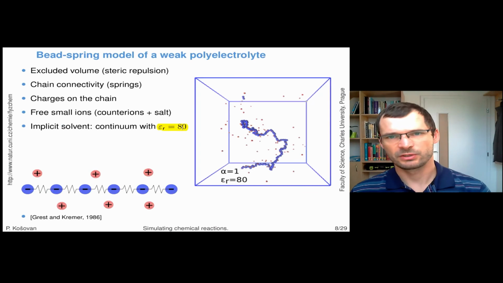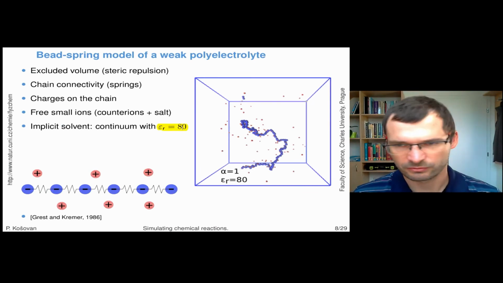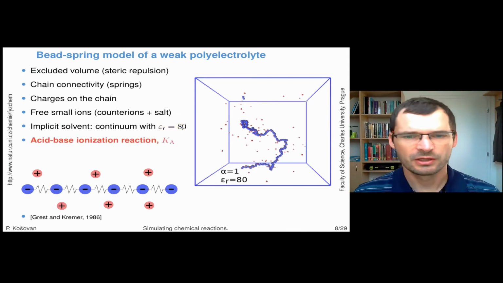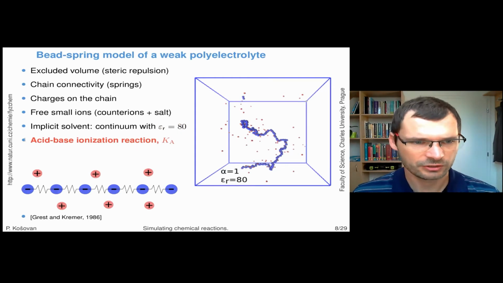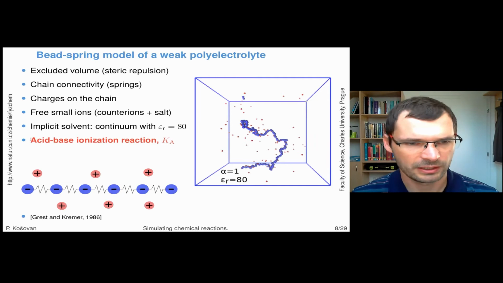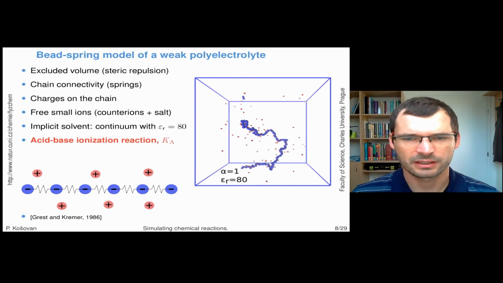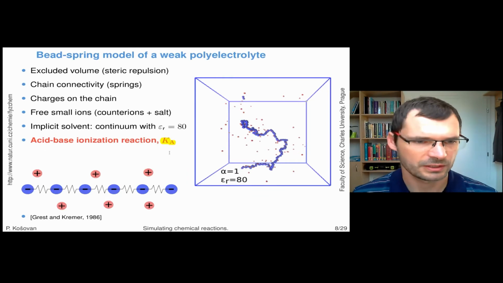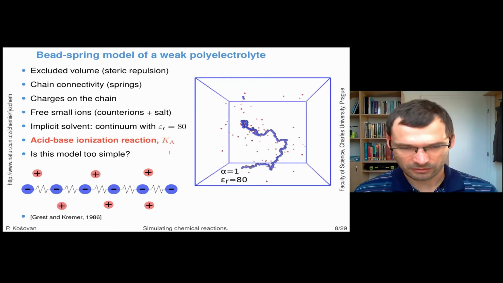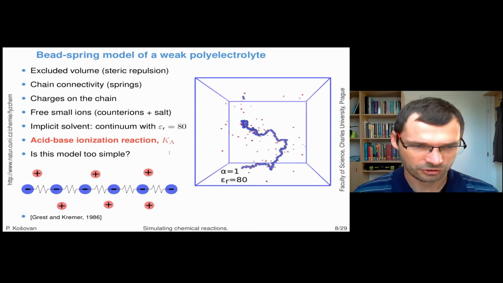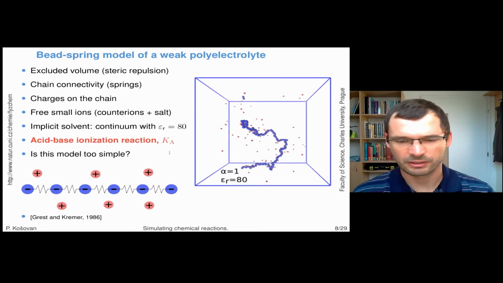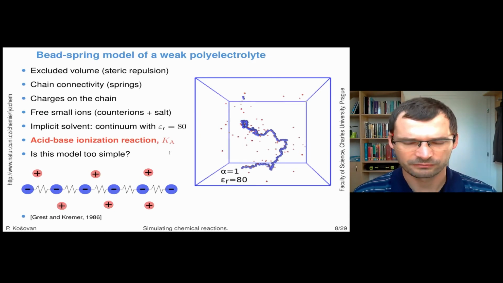When we want to model weak polyelectrolytes or reactive systems in general, we need to add one more important ingredient, and that's the chemical reaction. In the case of weak polyelectrolytes, we add the acid-base ionization reaction, which we characterize by the equilibrium constant Ka. An obvious question arises, is such model too simple to represent the complex chemical reality?